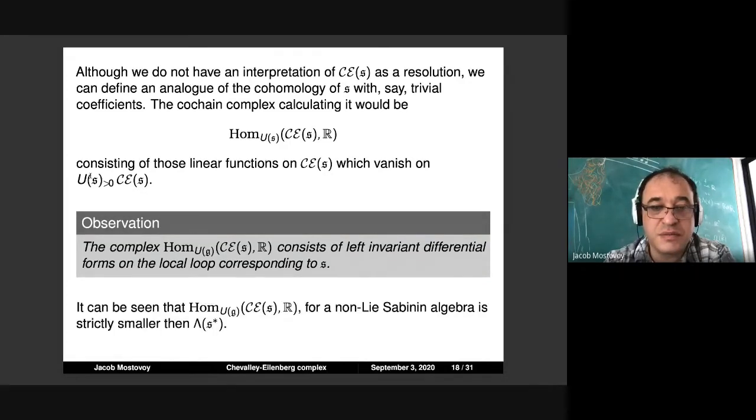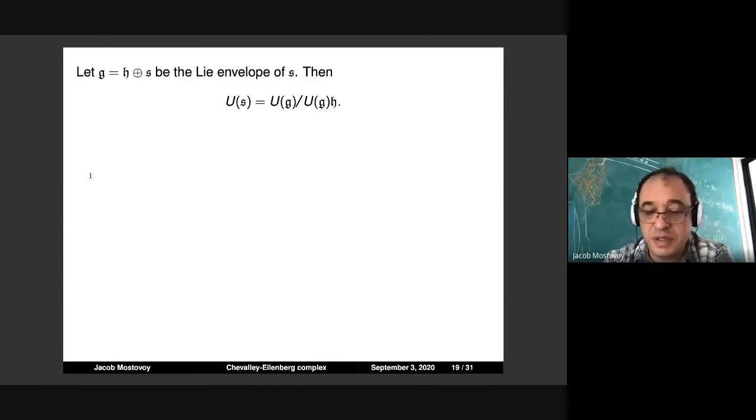Still, it's an interesting complex. It's not the exterior algebra on the dual of your Sabinin algebra. It is strictly smaller. In many cases, for instance, the term of degree 1 is the maximal Lie algebra quotient of your Sabinin algebra. So this complex can be calculated in terms of the Lie envelopes.